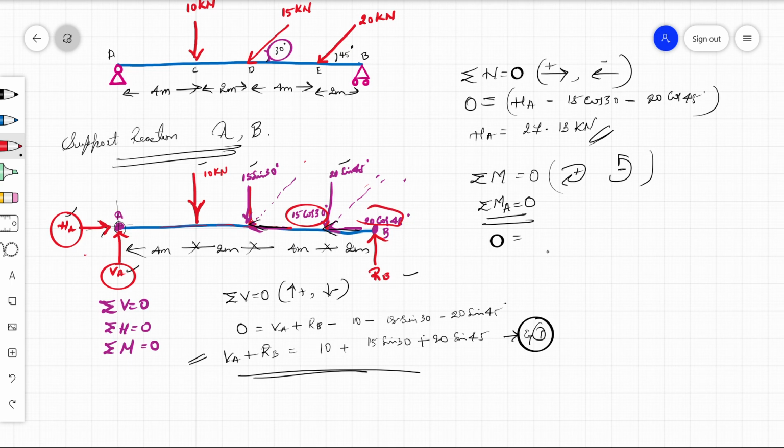But this force 10 kilonewton, 15 sin 30, 20 sin 45 and RB are making perpendicular distances to that moment center, right? We have to refer to that now. And we have taken clockwise as positive, anti-clockwise as negative.